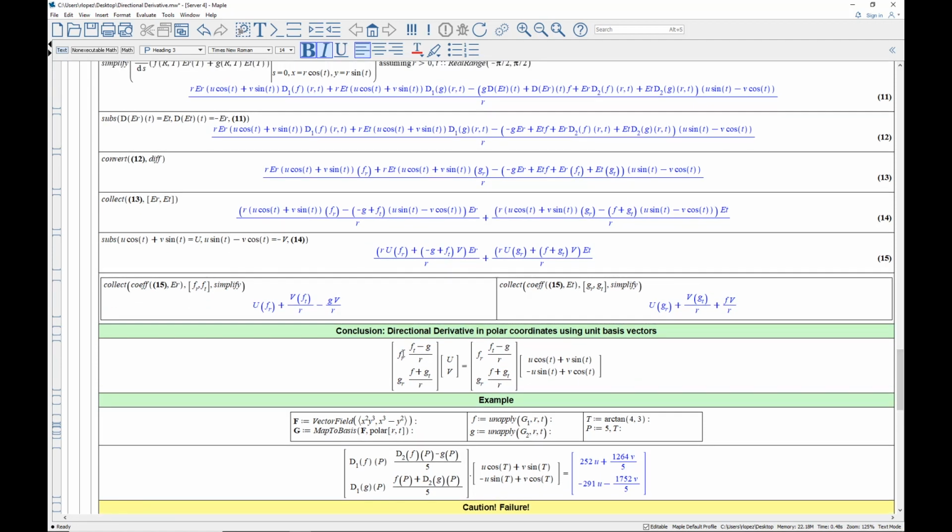And let's implement this product. D1, that's the derivative with respect to r, evaluated at the point P, derivative with respect to r on G, and then these fractions here, right? This is F theta evaluated at P, this is G evaluated at P, r is 5.